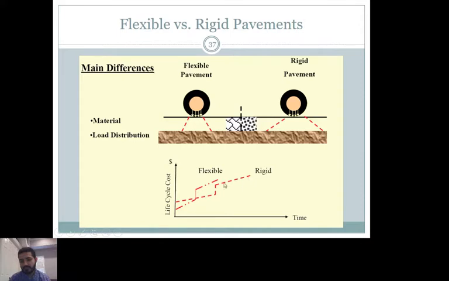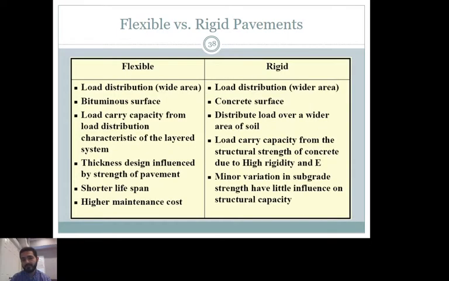That's why here you can see, if you extend this line, we're going to have more cost over time for flexible pavement to fix it compared to the rigid pavement. Although nowadays, in the past 10, 15 years, we're having additives to the flexible pavement such as asphalt rubber and fibers. The gap in life cycle cost between flexible pavement and rigid pavement is getting very close.